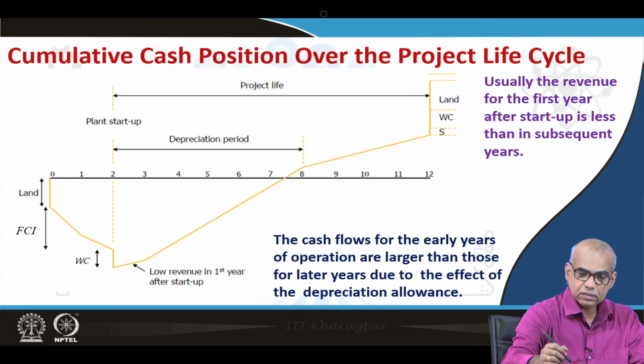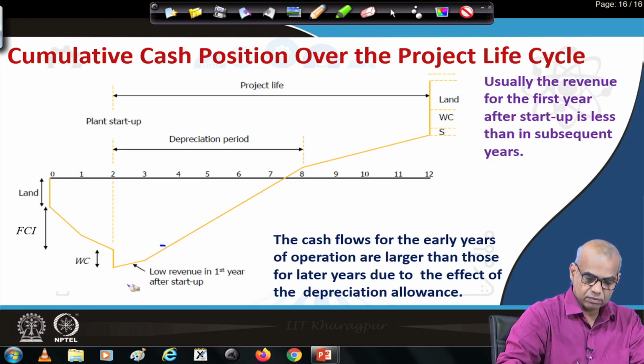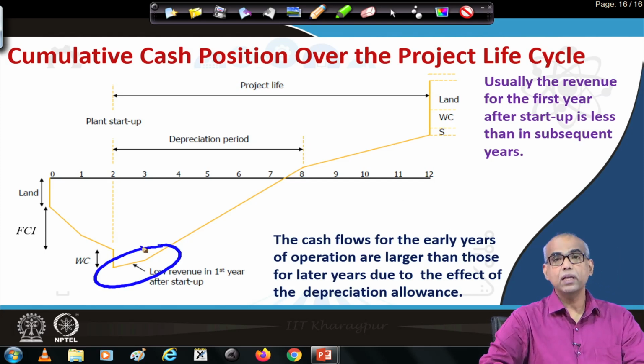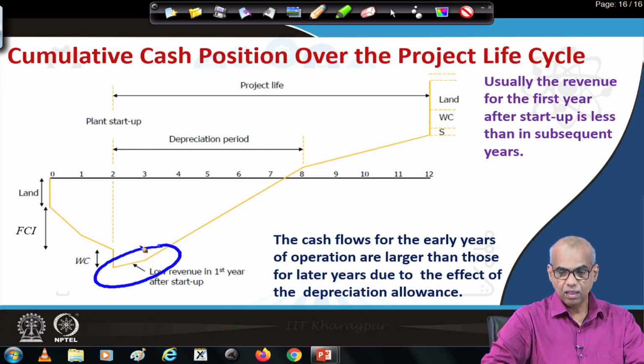Note in this part. So, do you see any difference? Usually the revenue for the first year after startup is less than in subsequent years.